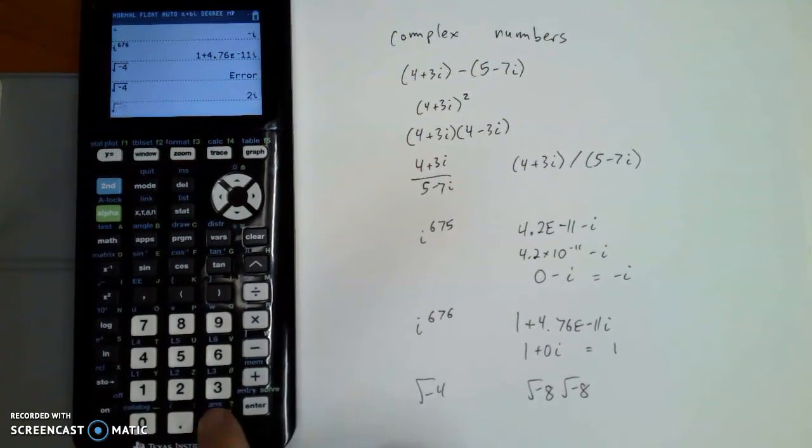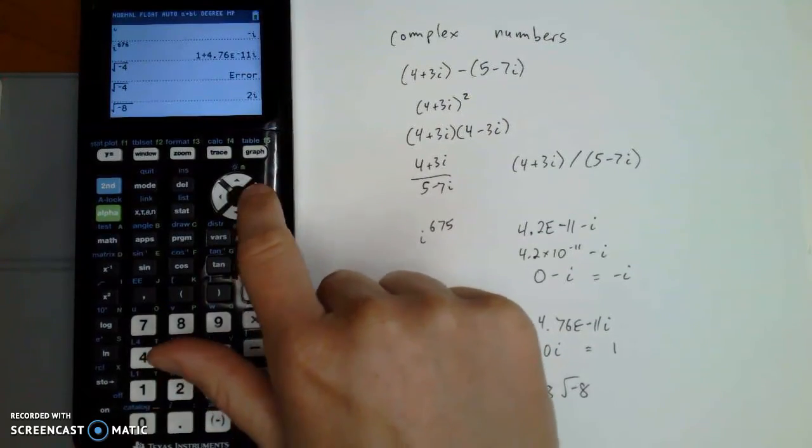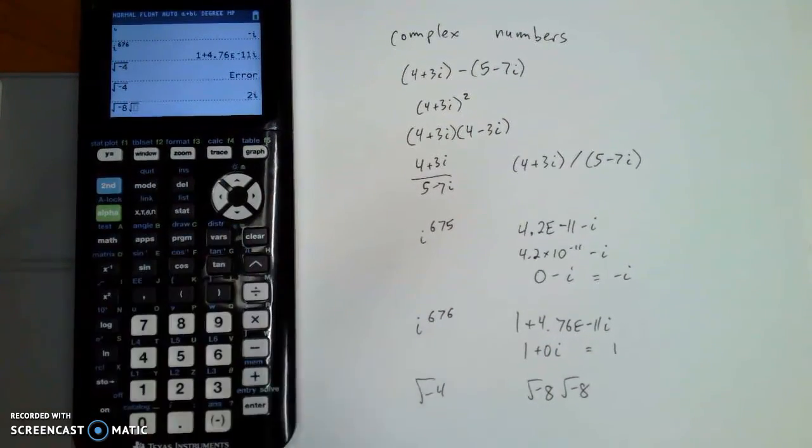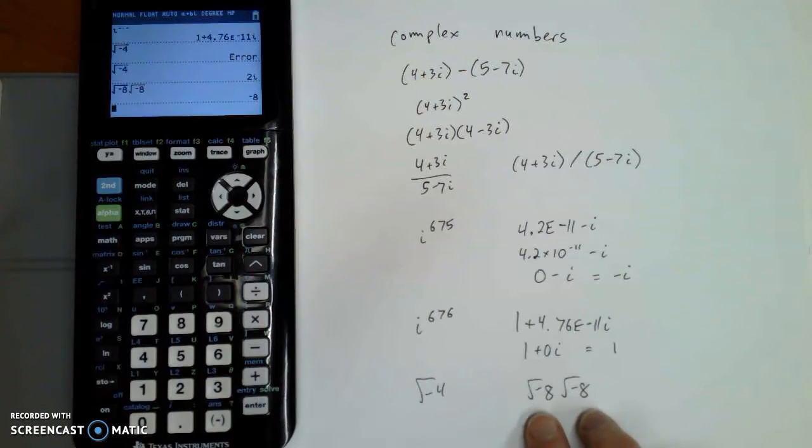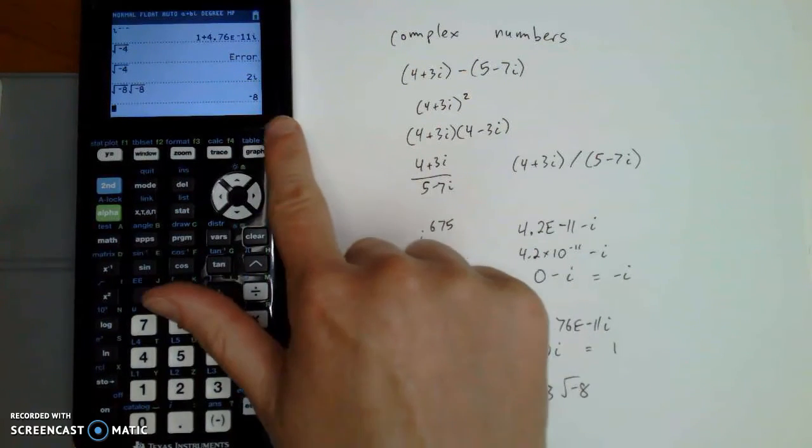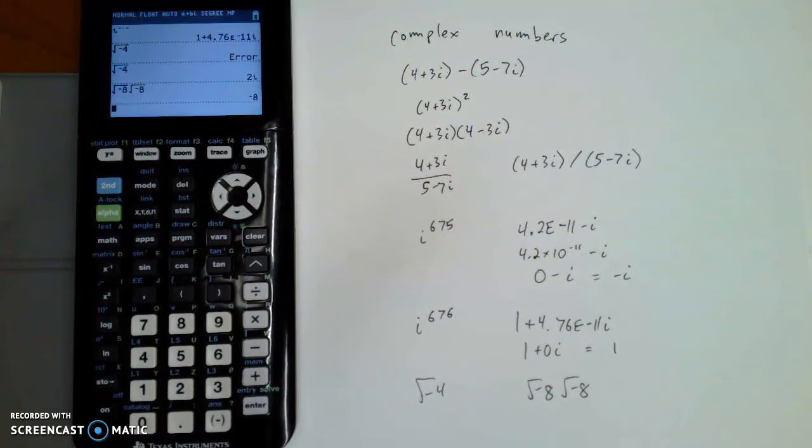So let's type in the square root of negative 8. Let's hit right to get out of the square root, and then put another. Again, my calculator knows this is multiplication. I don't have to tell it. And let's hit enter. My calculator will do this correctly. If we remember by hand, we will get i squared, which is negative 1. So yes, I should get a negative answer.